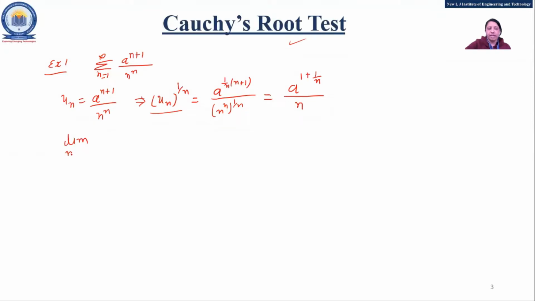So limit n tends to infinity, un raised to 1 by n equals limit n tends to infinity, a raised to 1 plus 1 by n upon n. What is the answer for this? Anyone?